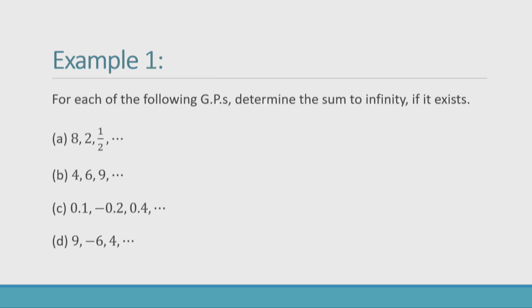So let us have a look at the first example. For each of the following GPs, we need to determine the sum to infinity if it exists. So part A, we have 8, 2, a half. Our first term will be 8 and the common ratio will be 2 over 8, which is 1 quarter.